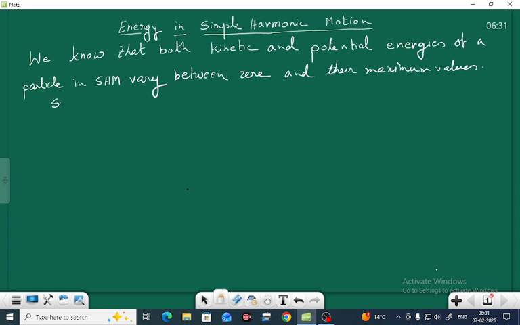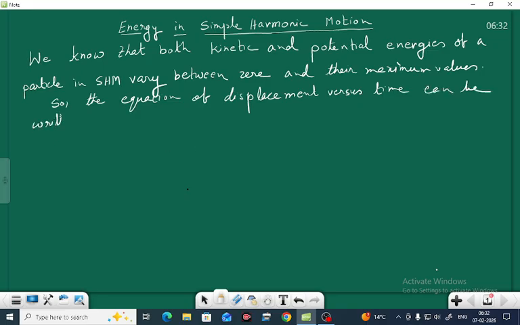So the equation of displacement versus time can be written as x is equal to a cos(omega t plus phi), where phi is the initial phase.